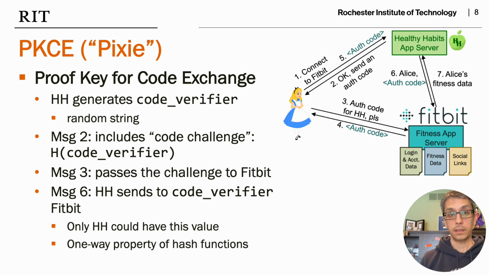So Alice and any malicious browser extensions or malicious apps on Alice's client might have been able to steal the code challenge value, but they never would have seen the code verifier itself. Only the Healthy Habits app would have that code verifier. So when it sends it, Fitbit knows that Healthy Habits is legitimately holding the authentication code because it has this code verifier.